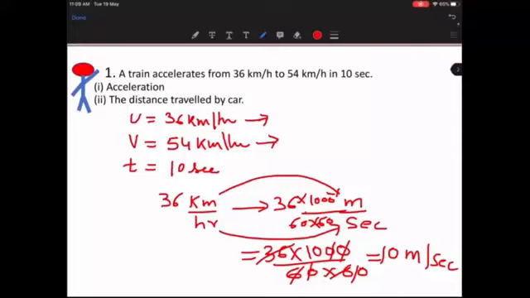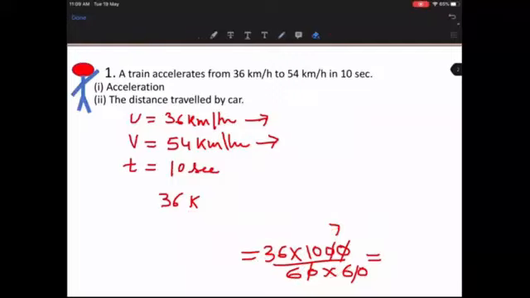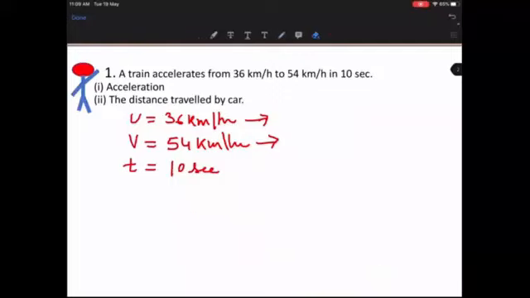Fine. So this is the way you have to convert even 54 kilometers per hour. The 36 will give you 10 meters per second, and 54, if you convert, will give you 15 meters per second. If you want me to show how 15 meters per second, I'll just erase it and show it once again.